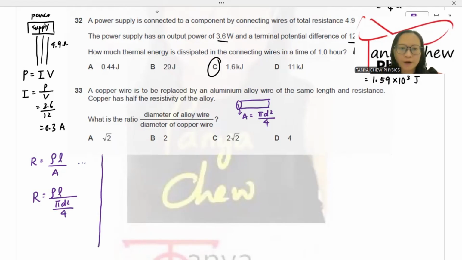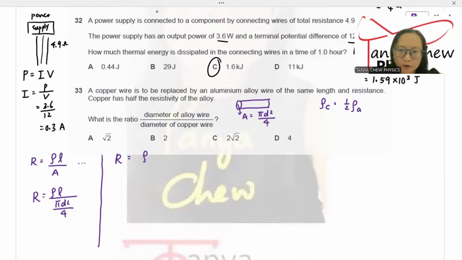Now, the alloy wire and the copper wire have the same length and the same resistance. So R is equal to rho of copper, and copper has half the resistivity of the alloy. So the resistivity of the copper is half of the resistivity of the alloy.